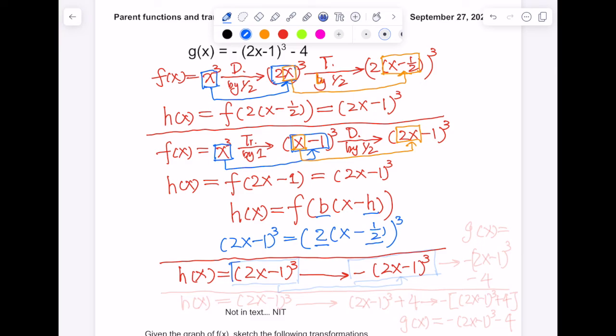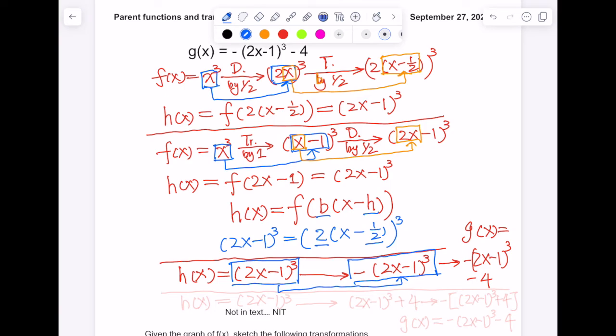That is replacing the whole thing, that is y, by its negative, followed by adding minus 4 to the entire output. That is the vertical translation by minus 4 units. And the final result is g of x.